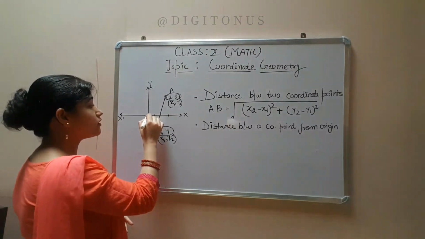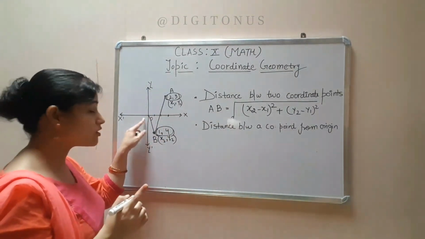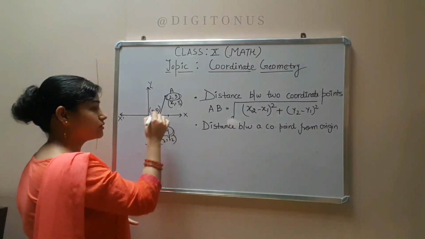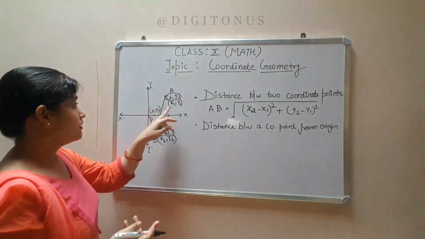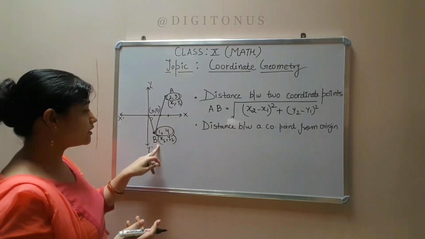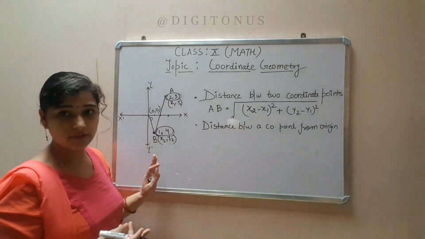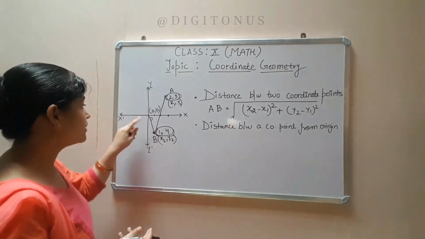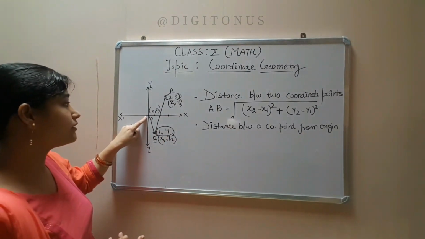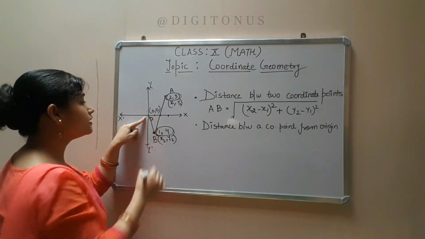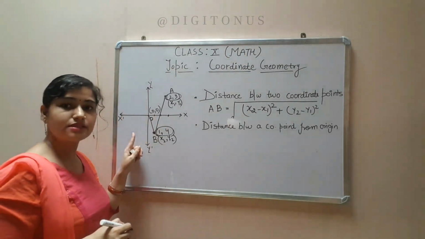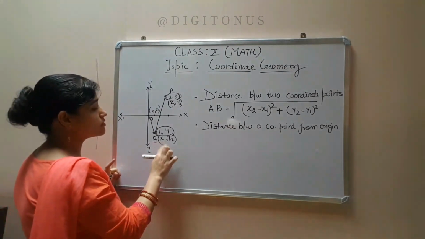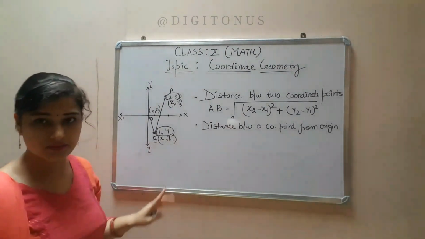But here the coordinates of the origin we already know, that is 0, 0. Yes, we all know. Earlier we did not know the values of these coordinate points, so we gave the specific names 1 and 2. But here the value of one point, the origin O, we already know is always 0, 0. So there is no need to give a specific name, we will write only xy.